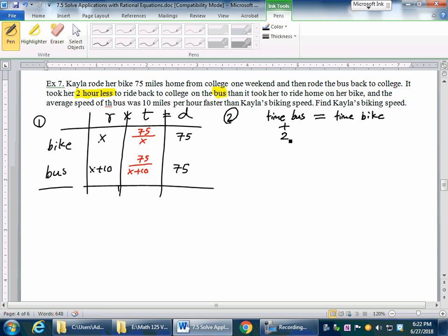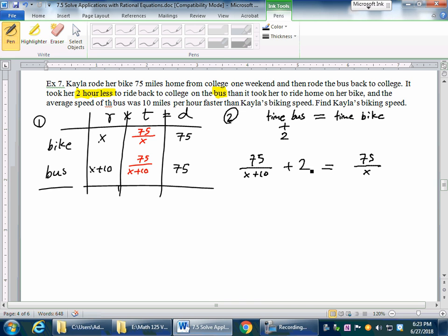Think about this. You have to make sure you get through this correctly, right? Because this is always the mistake on the test, usually what I found out. So taking the bus, it is 75 over x plus 10, and the time for biking will be 75 over x. And since the time of biking is longer, we need to add 2 to the bus to make it equal.